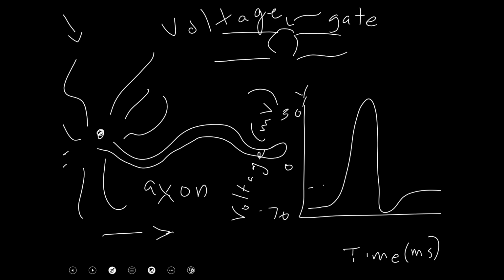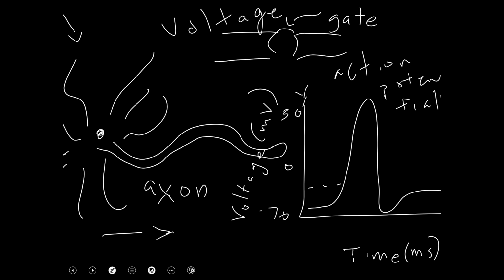So in the event, class, that threshold is met, we get an action potential. I'm writing, class, action potential, P-O-T-E-N-T-I-A-L.